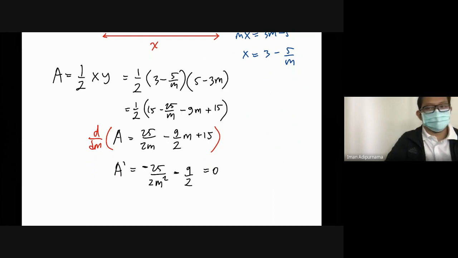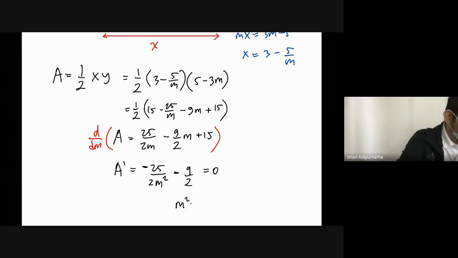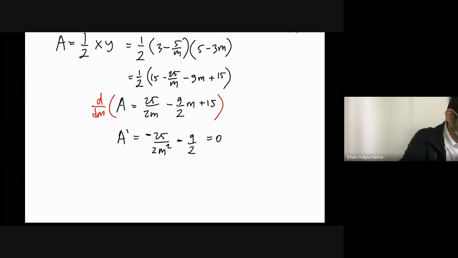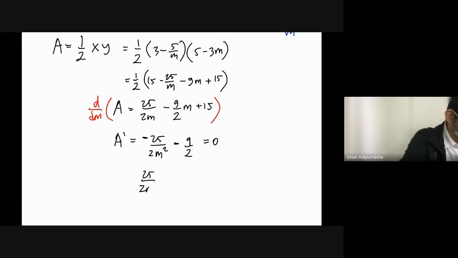Should be equal 0. So m squared or 25, or let me write one by one. 25 over 2m squared is equal negative 9 over 2.